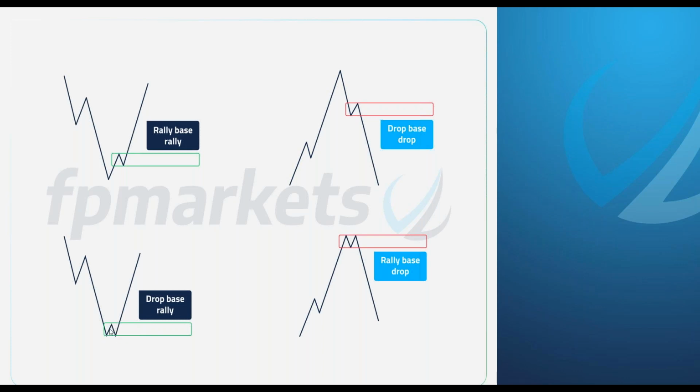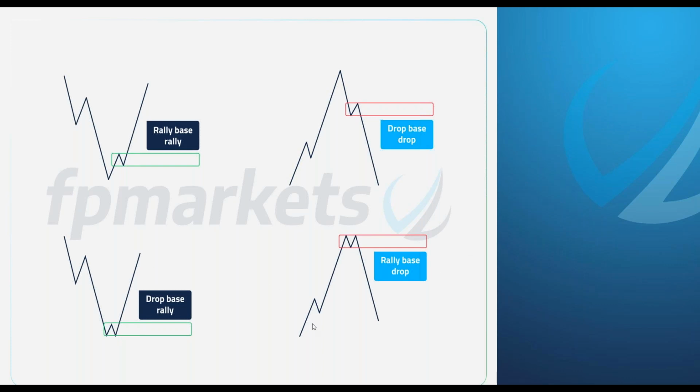Now, at this point, we clearly do not know this will be a drop base rally, as we do not know with the rally base rallies or drop base drops when they're in consolidation form. We only know this is a drop base rally after price has produced a strong move to the upside.